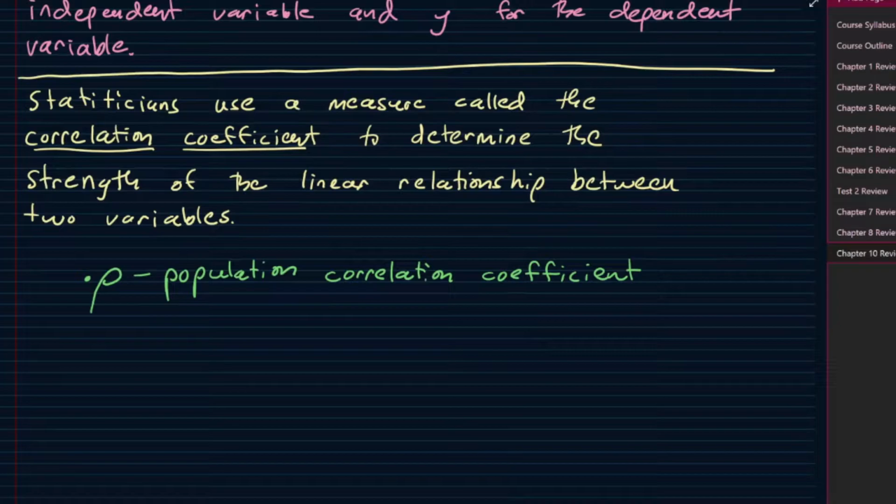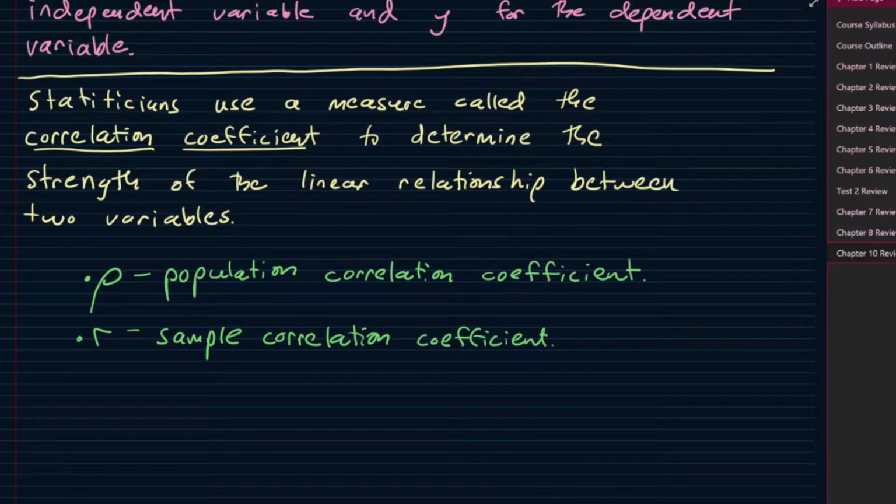And the sample correlation coefficient in this case is called R. So what we end up trying to do very often is calculate R. And this value of R will tell us how strong or weak the linear relationship is.